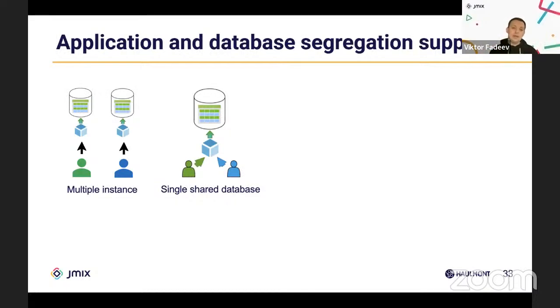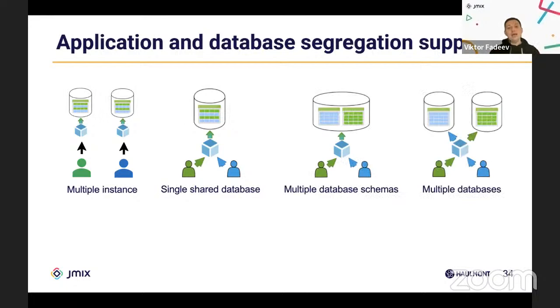And when you get more and more users, you usually gain some resource conflicts, so you need to enhance your architecture, and you can go to a more sophisticated architectural pattern. And Jmix will also support this.